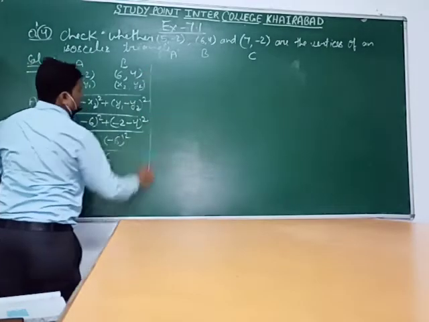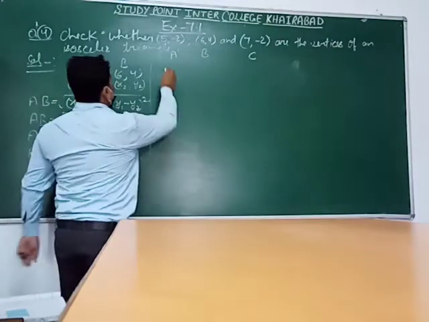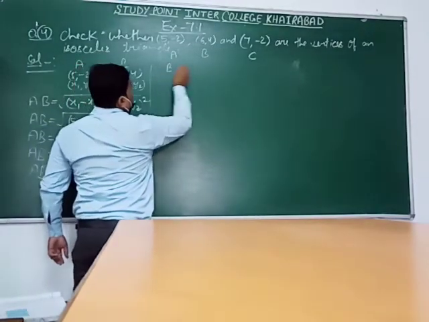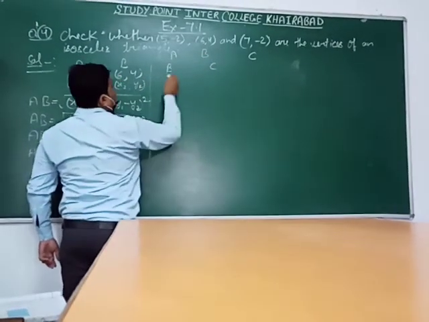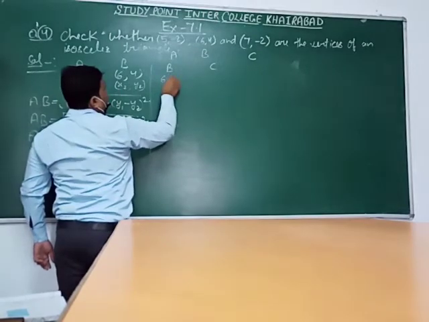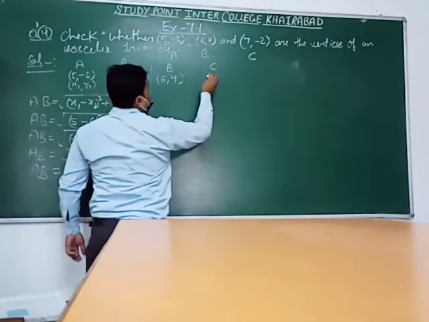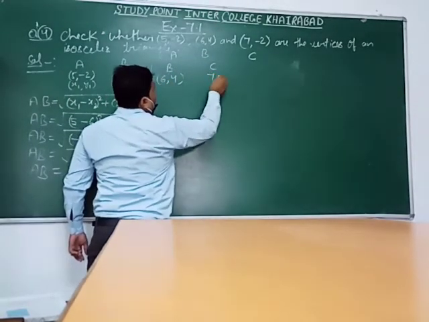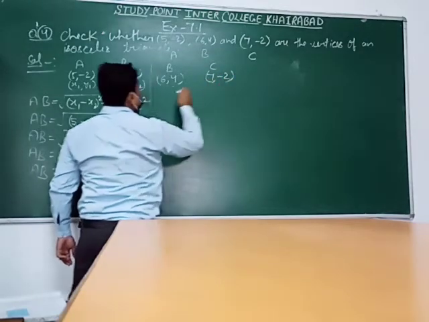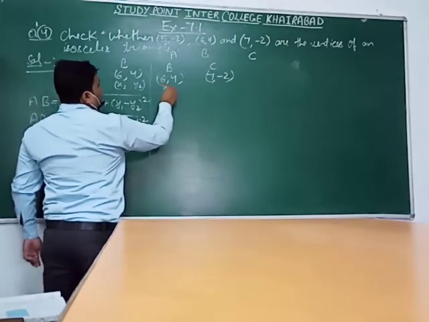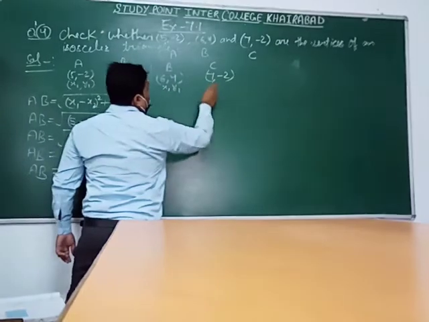Now find BC. B is (6, 4) and C is (7, -2). Mark this one x1, y1 and this one x2, y2.